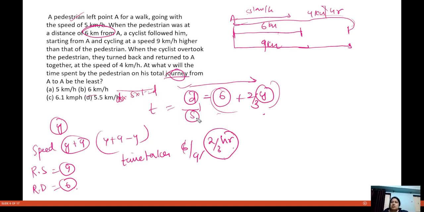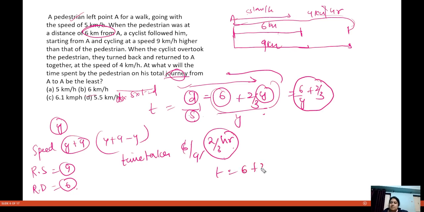So the time to first walk there will be given by just dividing this by speed. Speed is y, so we get 6 by y and we get 2 by 3. And when we return, what is the time taken? 6 plus 2 by 3 y divided by 4. So this becomes 3 by 2 plus y by 6. So we get this 3 by 2 plus y by 6.